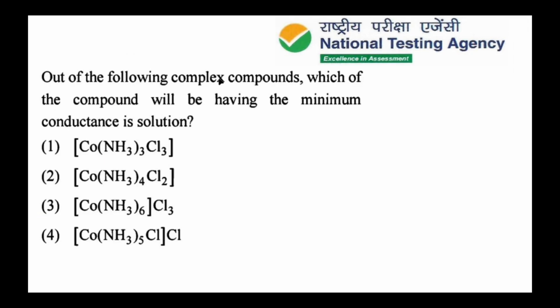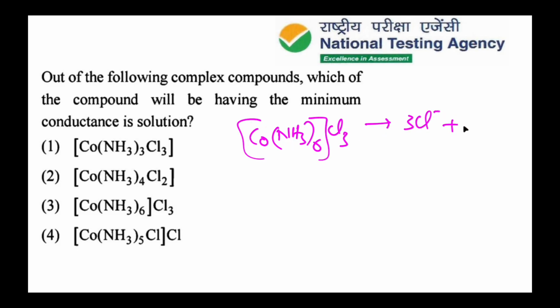The next question is, out of the following complex compounds, which compound will have the minimum conductance in solution? According to Werner theory of coordination complexes, Co(NH3)6 Cl3 can donate 3 Cl minus plus Co(NH3)6 3 plus, so in total it furnishes 4 ions.